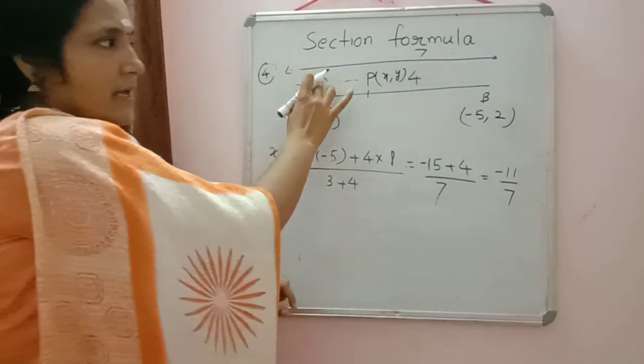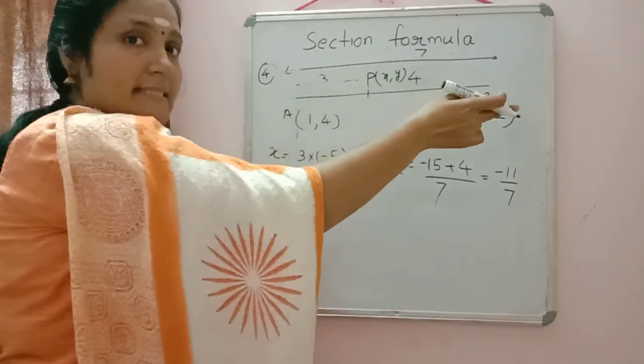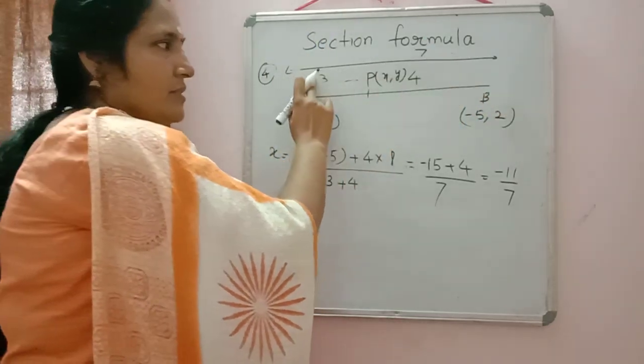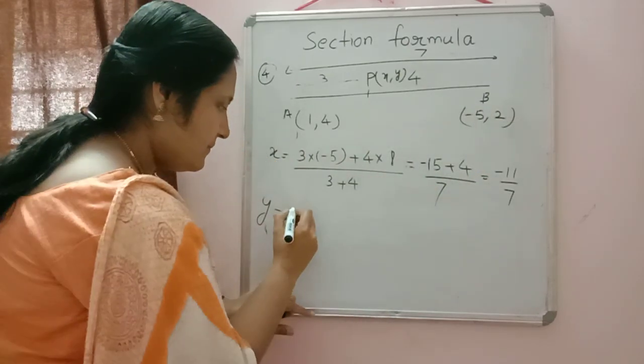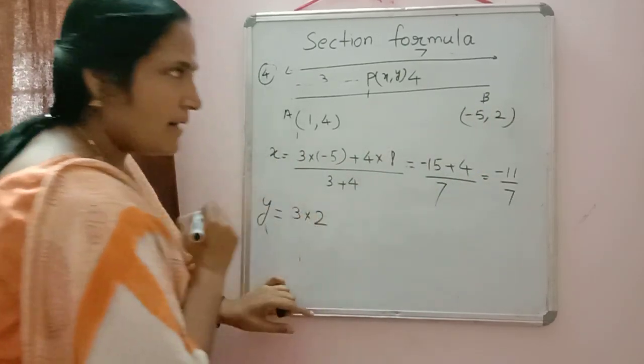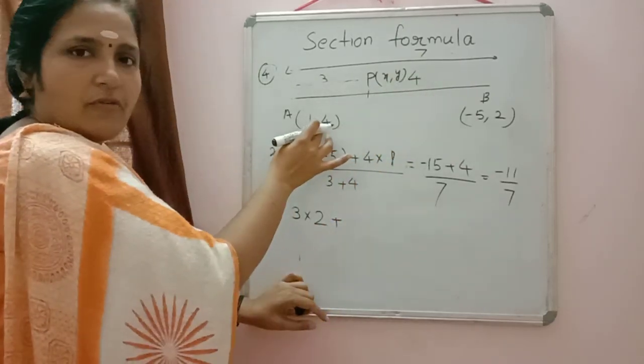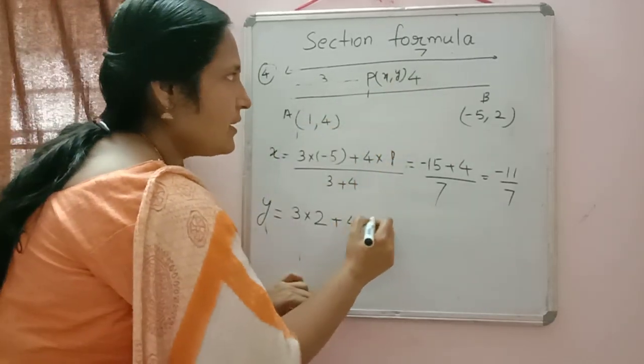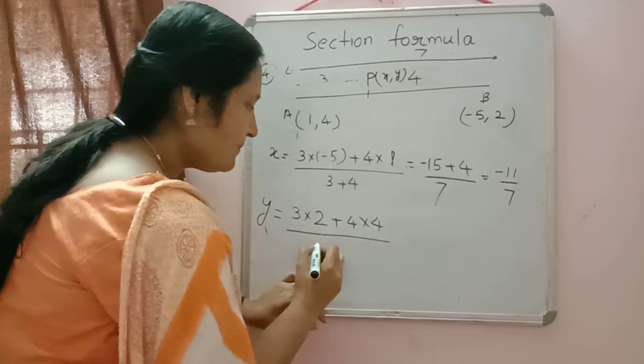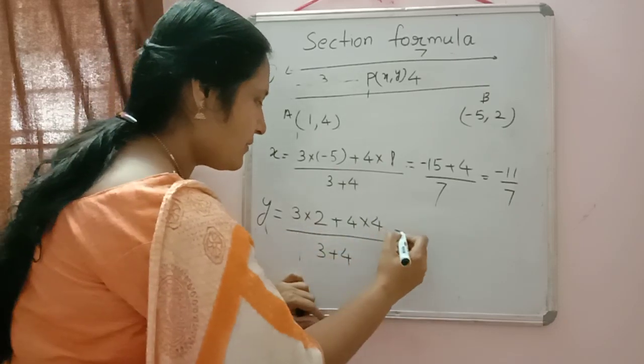Similarly, we will check the y coordinate. Again, 3 will be multiplied by the opposite y coordinate there. So 3 into 2, 3 multiplied by 2 plus 4 into 4, 4 into 4 by 3 plus 4.